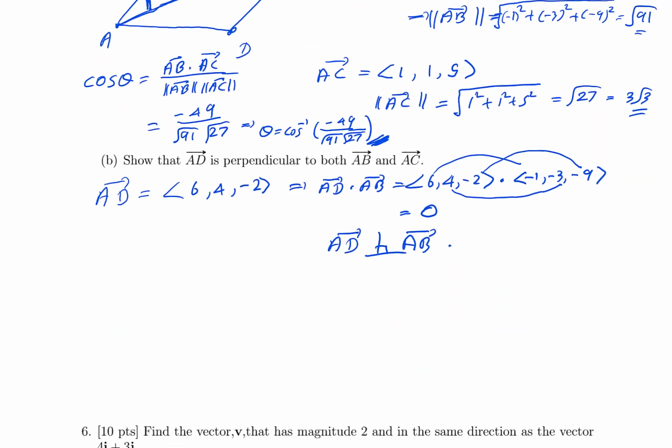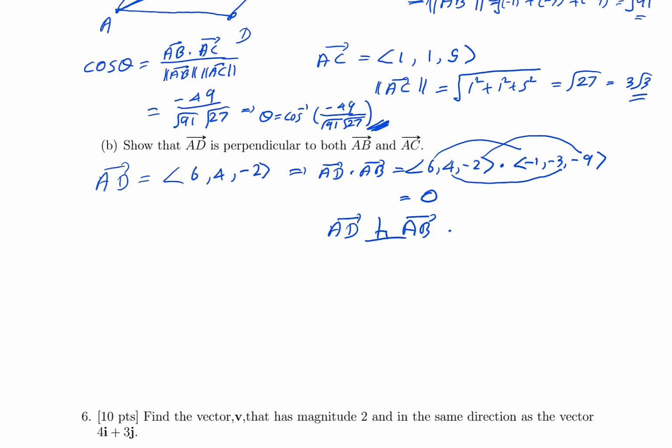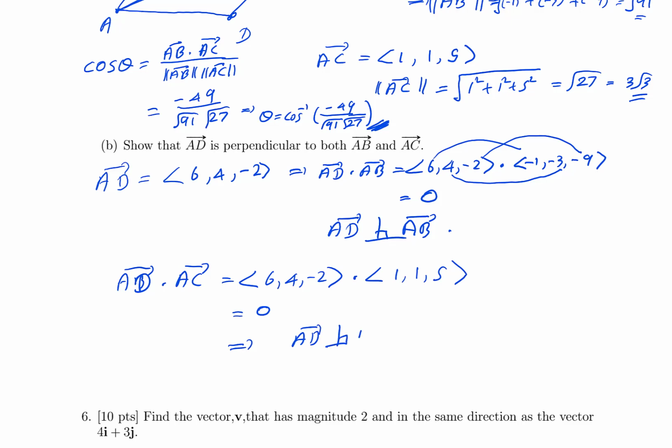Right? Similarly, you can get the dot product of AD and AC. We know AD is 6, 4, negative 2 and AC is 1, 1, 5. This is also 0. Therefore, we can say AD is perpendicular to AC.